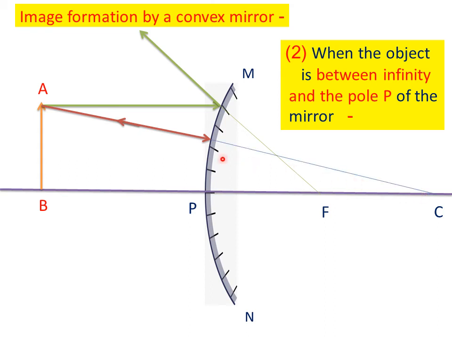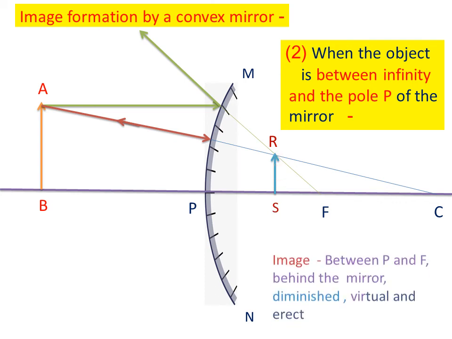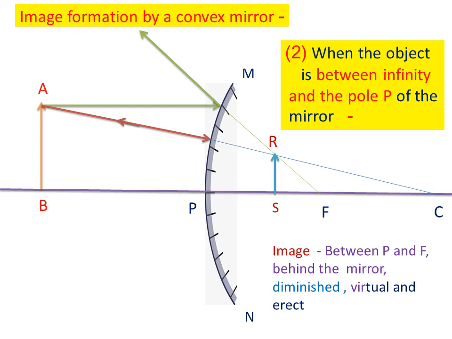The two reflected rays appear to diverge from this point, and this point is R. RS is the image of object AB. So we find that the image is between P and F.